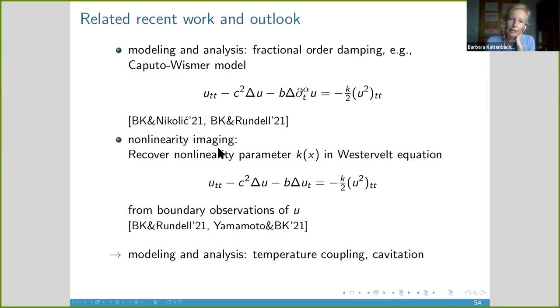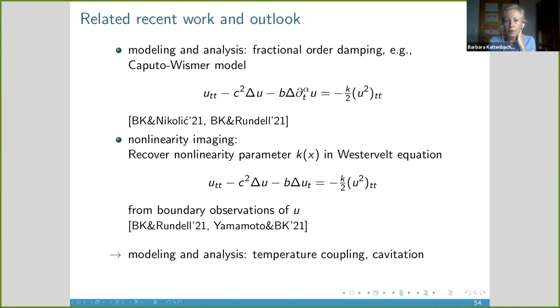One example for this, and the last item that I would like to talk about, is nonlinearity imaging. This nonlinearity parameter, let's call it K(x), is actually a function of space, because nonlinearity depends on the tissue in which the wave propagates. So it's really different for different types of tissues, and therewith it gives a way of imaging, especially medical imaging.